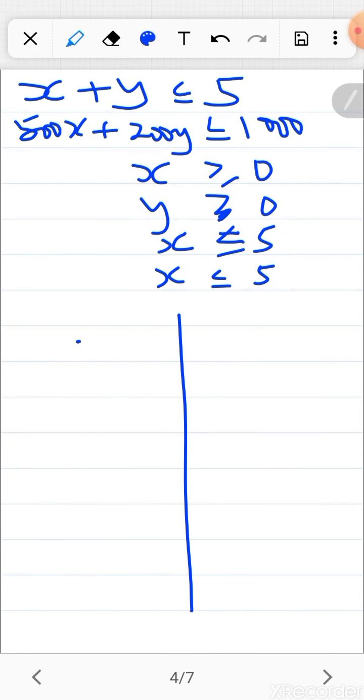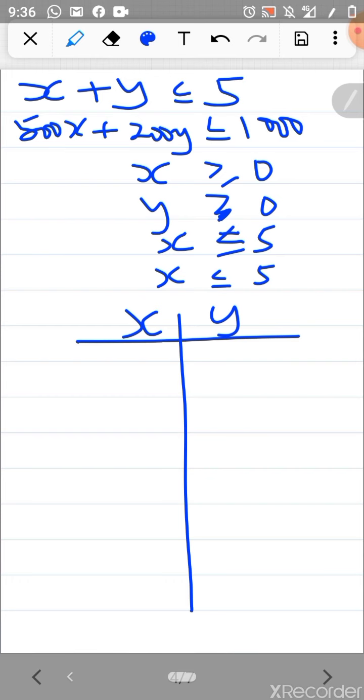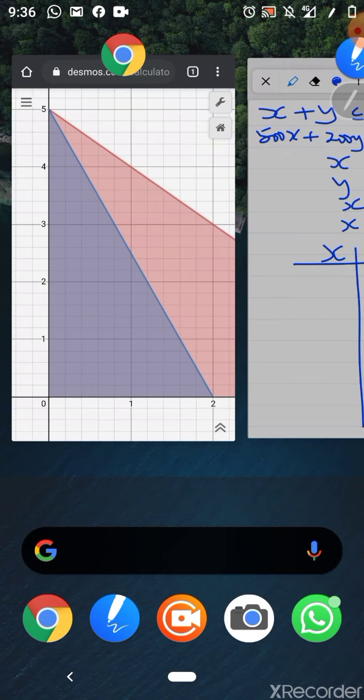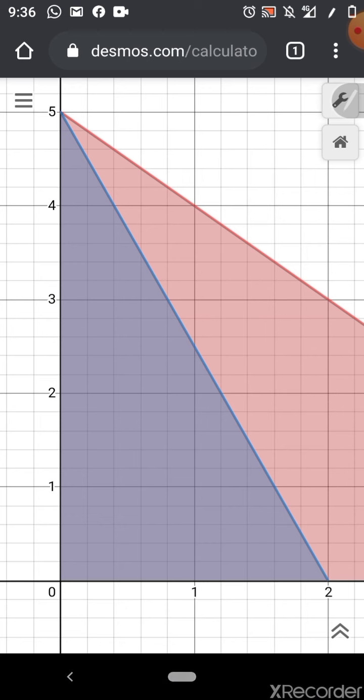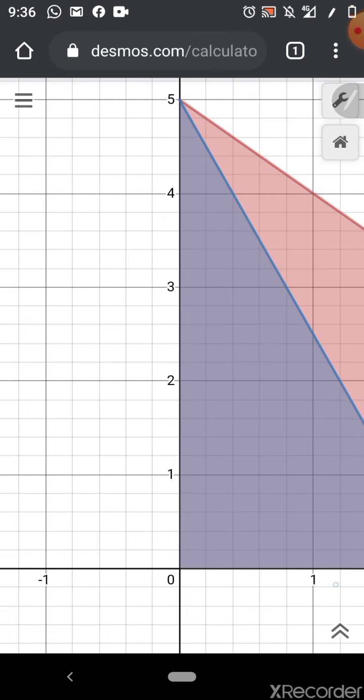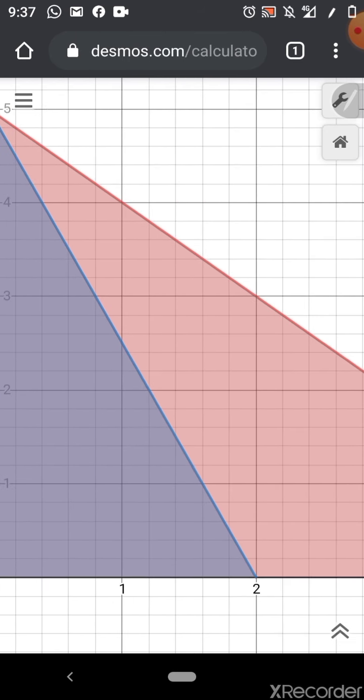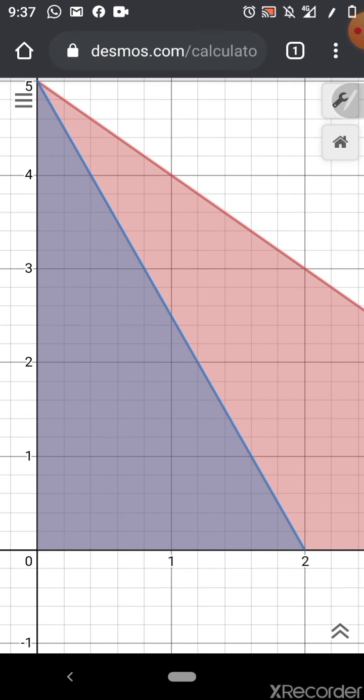So I'll draw a table of x and y, and then I'll go to the graph and look for each of the points. If I look at this graph, 0, 0 is a solution, 1, 0 is a solution, 2, 0 is a solution. All of those points are solutions.